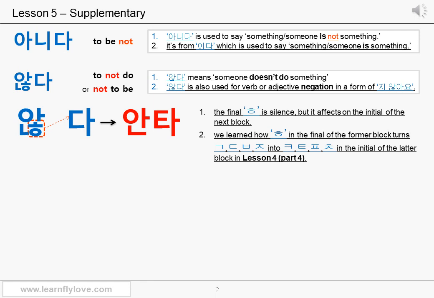You don't have to remember this right now though. In our lesson, we also used anta for verb or adjective negation in a form of 지 않아요, remember? So we told you that this 지 않아요 part is also another predicate. Okay, now we know the difference between 아니다 and anta clearly then.